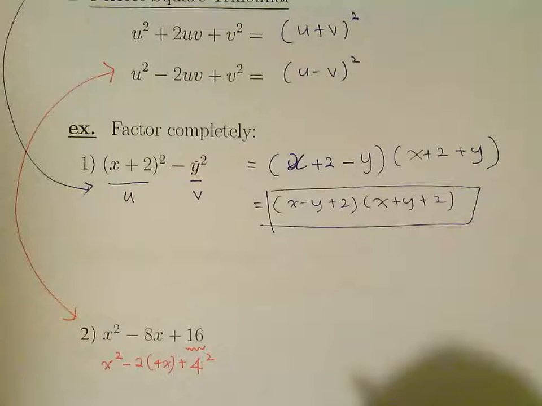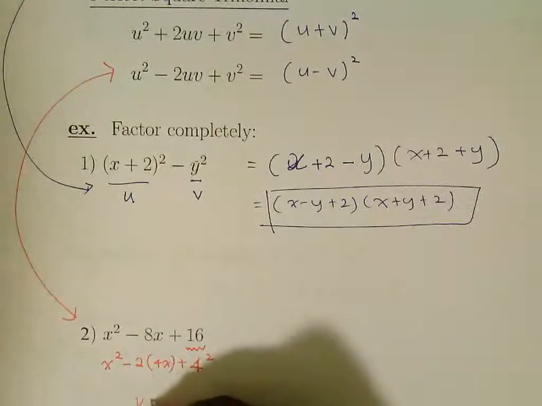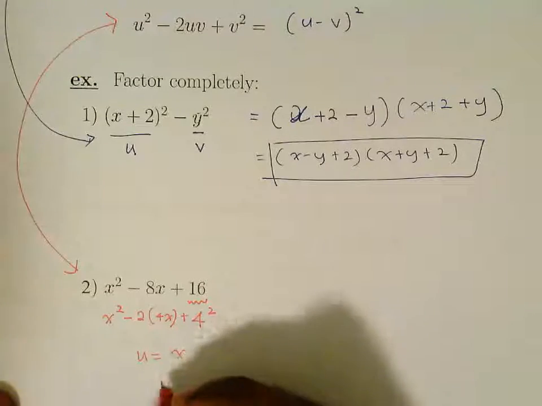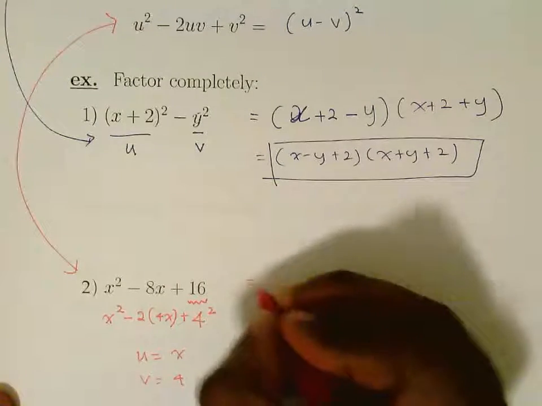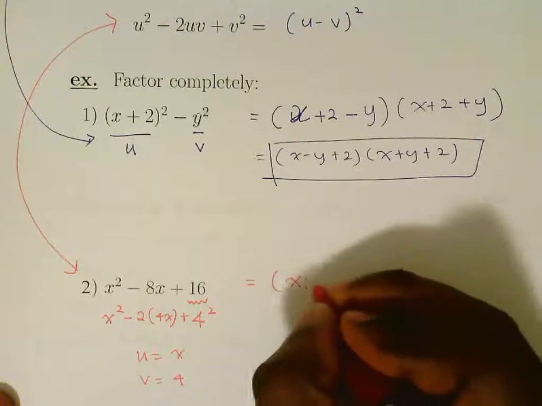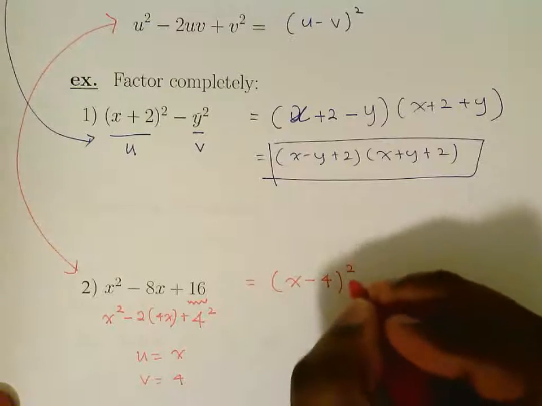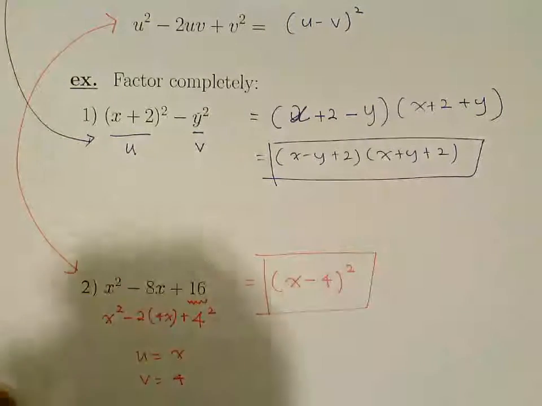Okay, so your u is x and your v is 4. So you can factor this as x minus 4, the whole thing squared, and that's it.